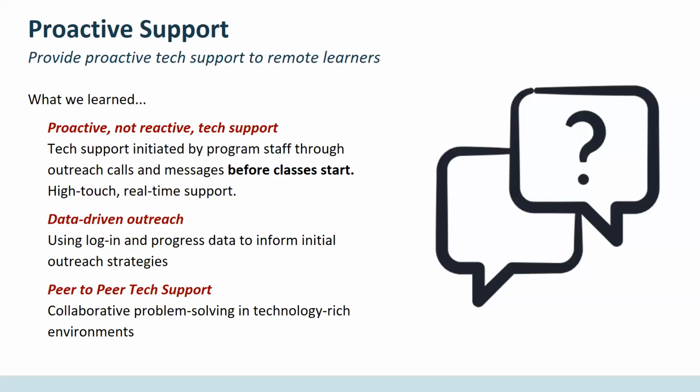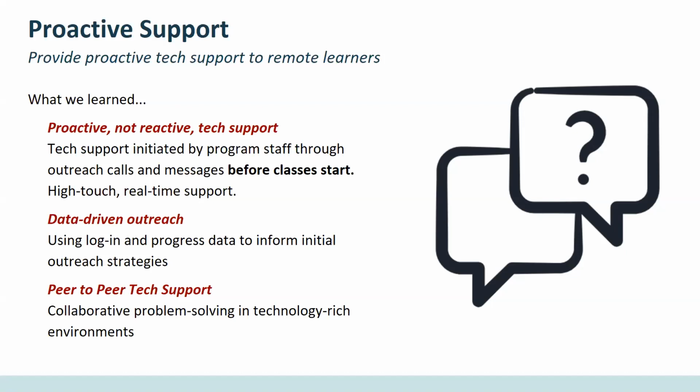An example of that might be reaching out to the student one or two weeks before the program is expected to start with a message: "Hey, Maria, this is your teacher, Claudia. It's important that you have access to the app before classes start. Here's how you do it." And sending that message before the program started.